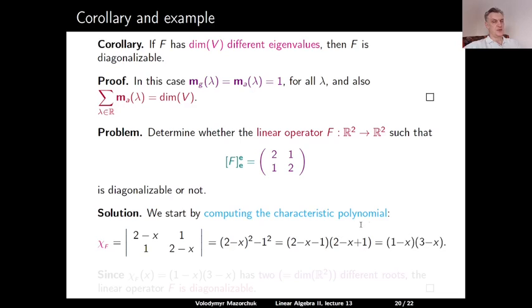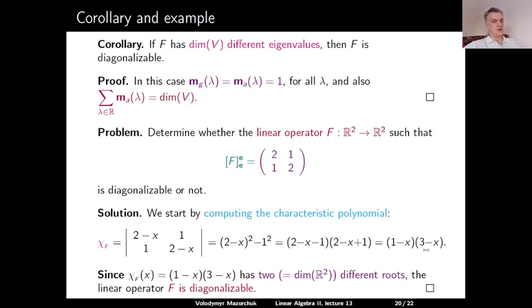So the characteristic polynomial is a product of different linear terms, which means that it has exactly dim R2, that is, two different roots. So because of the corollary, this linear operator is diagonalizable.